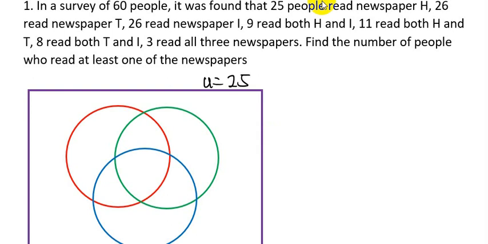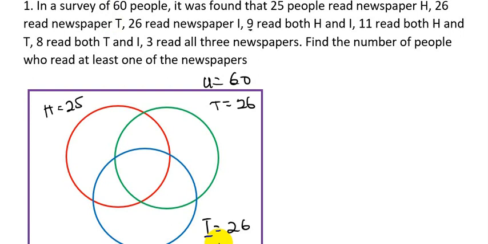They say that 25 people read newspaper H, so newspaper H is 25, newspaper T is 26, and newspaper I is also 26.